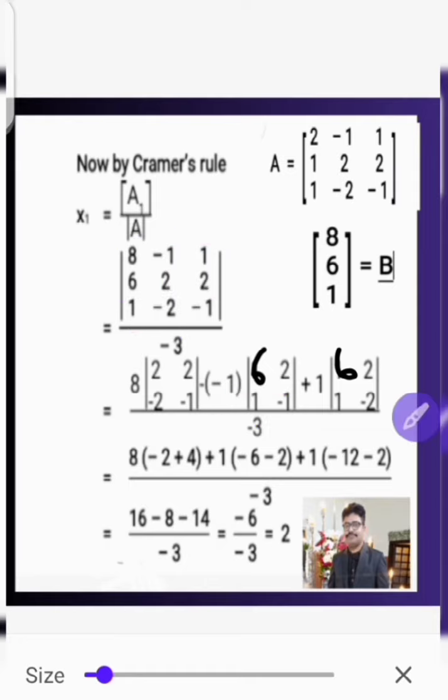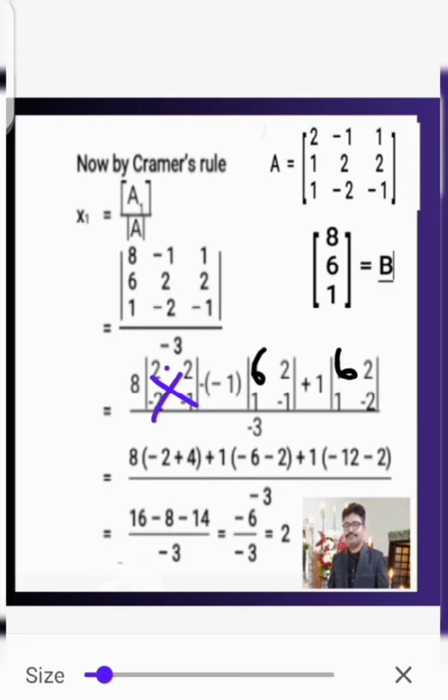Now, we will take the positive sign with the third value. The column and row of that element will be cancelled. 6, 2, 1, minus 1 are written here. Now, the procedure of the 2 cross 2 determinant, we will cross multiply and there will be a negative sign between them.